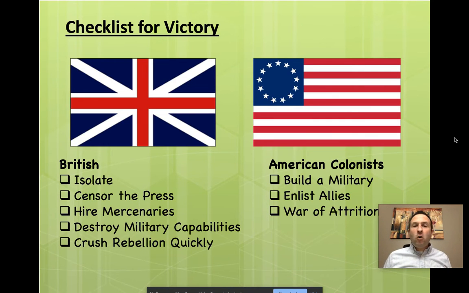Again, watch that oversimplified video I attached in the link, and it'll give you a better idea of a lot of the other smaller battles. But because George minimized direct combat and kept running away and focused on not getting caught, he's able to evade capture and keep hope alive. As long as George is running, he's not captured. Hope is alive for the American colonists.